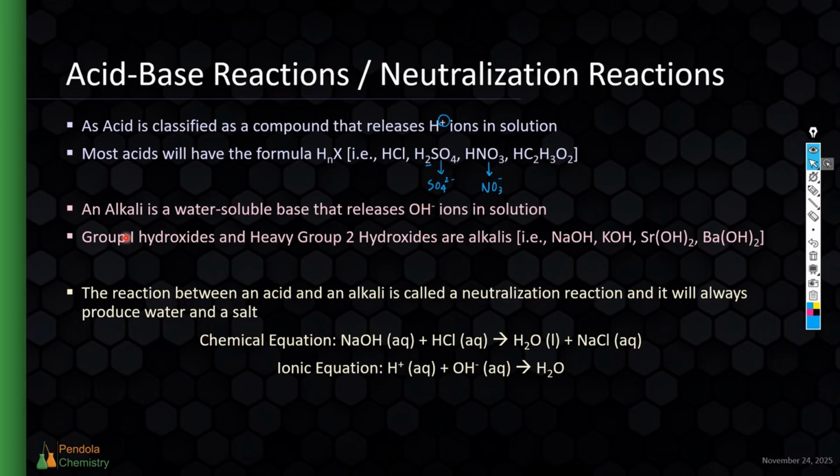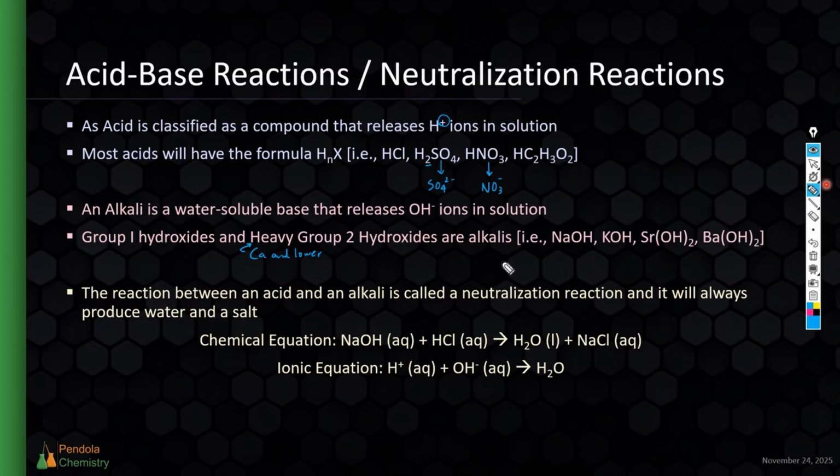Because of the solubility rules we learned, group 1 hydroxides, as well as heavy group 2 hydroxides, heavy meaning Ca and lower, so calcium, strontium, barium, and so on, are going to be alkalis or water-soluble bases.